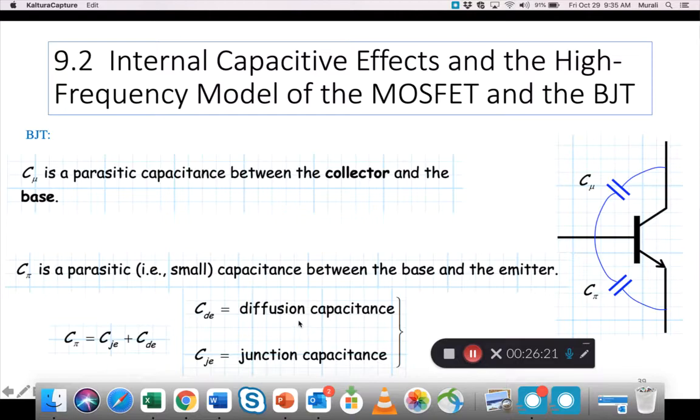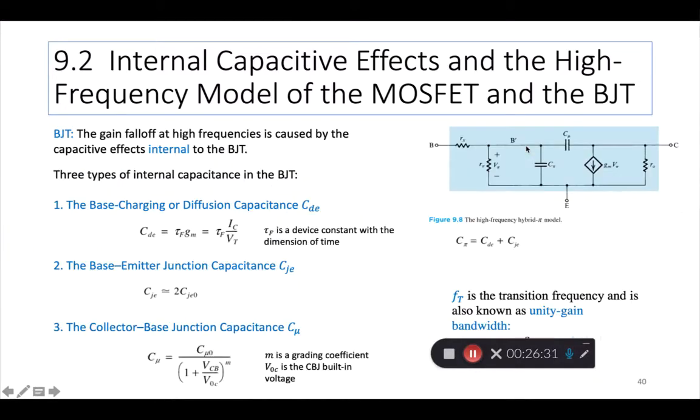DE is considered the diffusion capacitance. JE is called the junction capacitance. Now again, we depend on the physics guys to give us all these formulas. So without going too much into detail on BJTs, I've tried to bring everything into one slide. So let's look at the definitions of these capacitances, the formulas, and the small signal high frequency model.